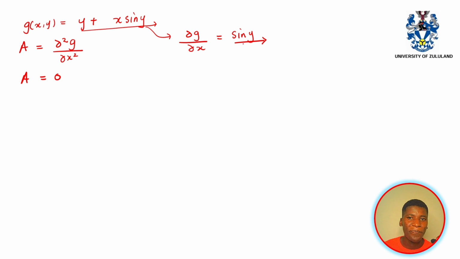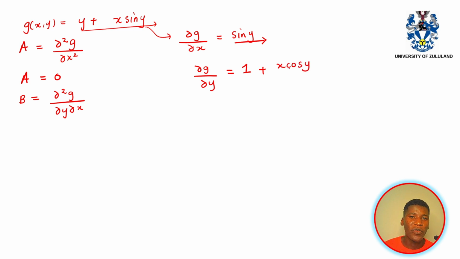Then now the value of b, remember that it is given by the second partial of g over partial y partial x. Remember that when we were finding the partial derivative in terms of y, we differentiated y and got 1, and differentiated x sine y and got x cos y.